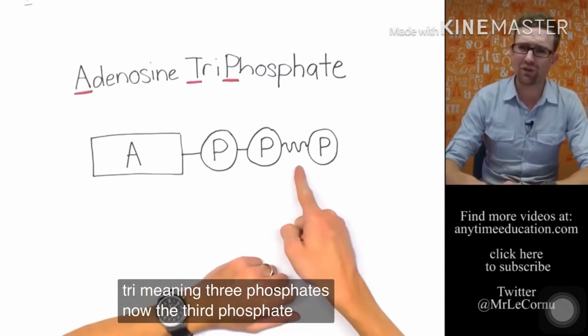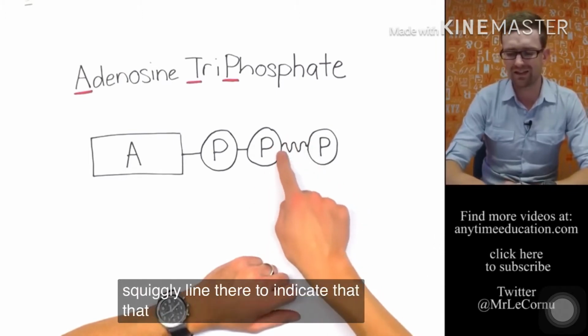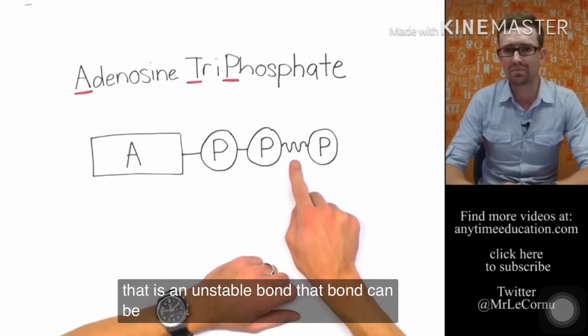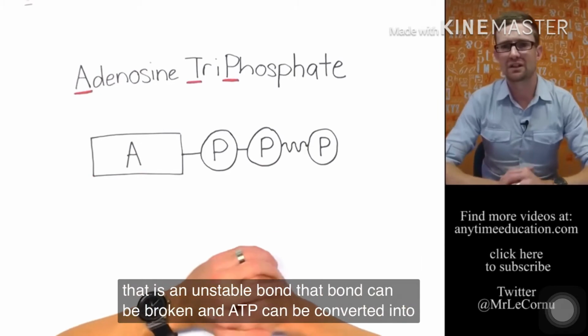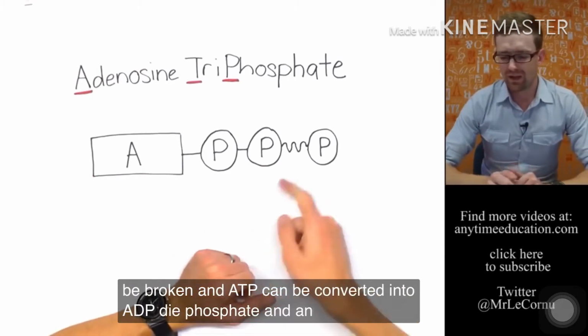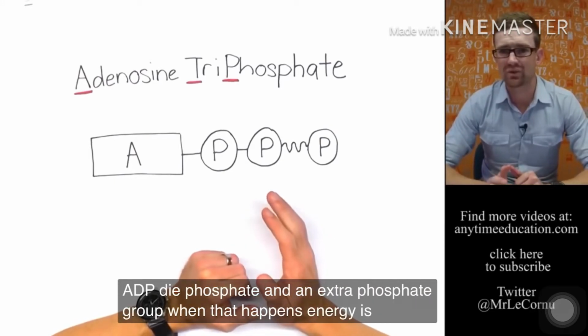Now the third phosphate, I've drawn a squiggly line there to indicate that that is an unstable bond. That bond can be broken, and ATP can be converted into ADP, diphosphate, and an extra phosphate group. When that happens, energy is released.